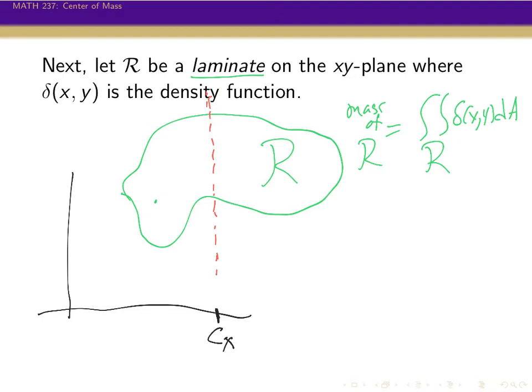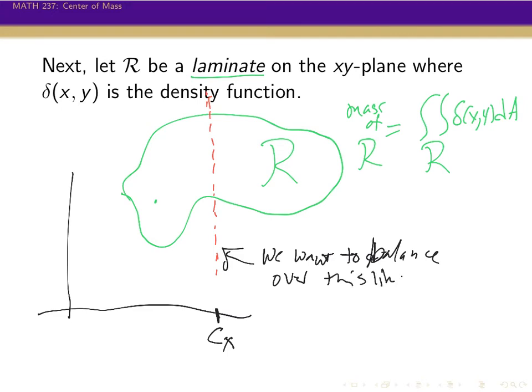Rather than trying to get a single point where everything balances, I'm just going to try to get it to balance over this vertical line first. So we want to balance over this line, or find the right x-coordinate that makes things balance over this.